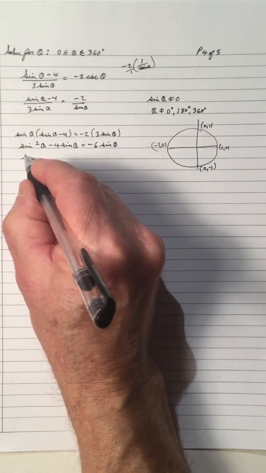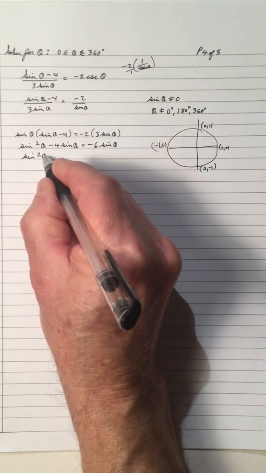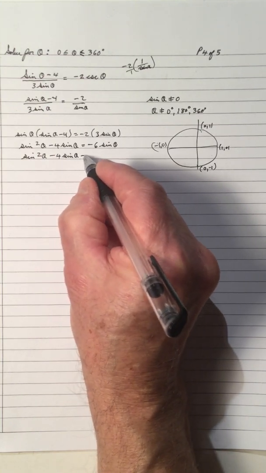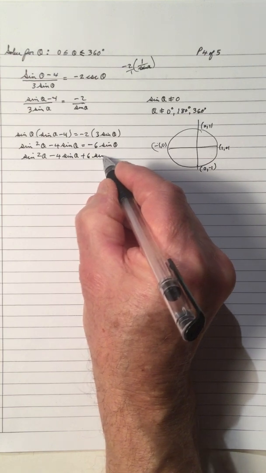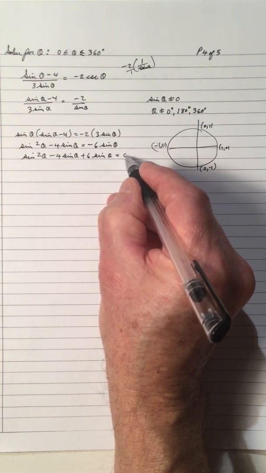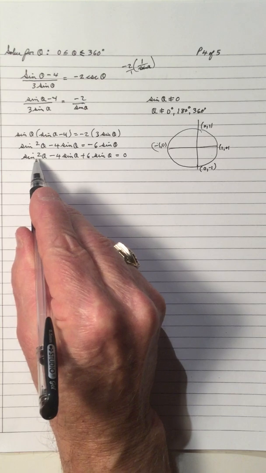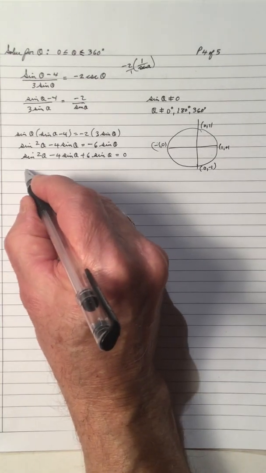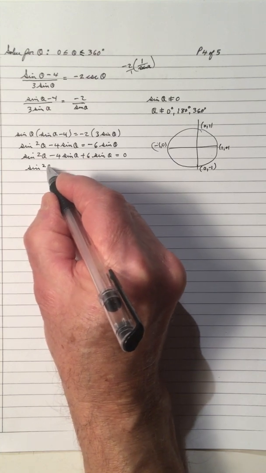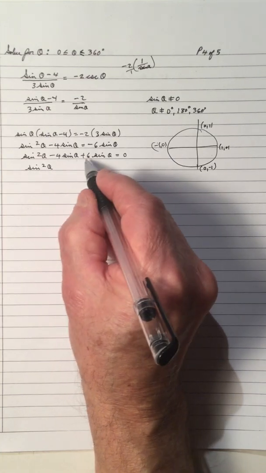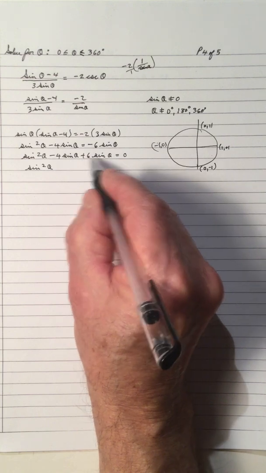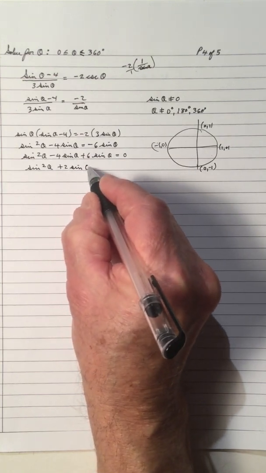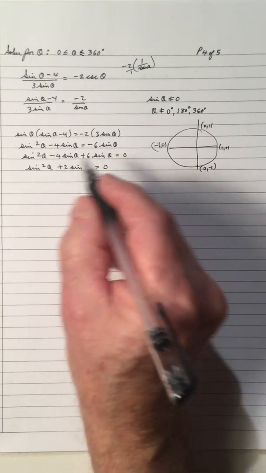And so that gives me sine squared theta minus 4 sine theta plus 6 sine theta equals 0. So I have a quadratic, and I move all terms to the left side equal to 0. And we keep simplifying. -4 sine theta and 6 sine theta are like terms because they can be added. That's plus 2 sine theta equals 0.